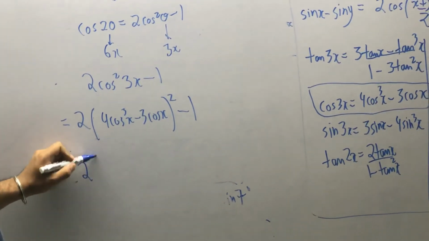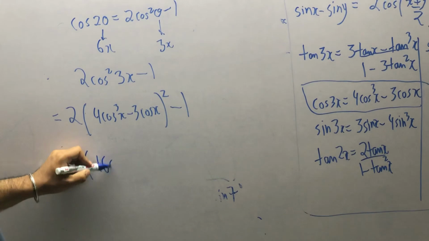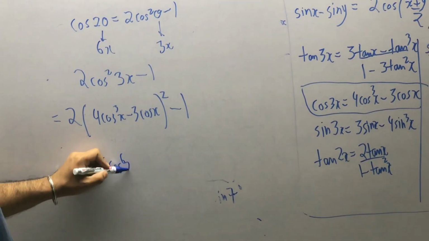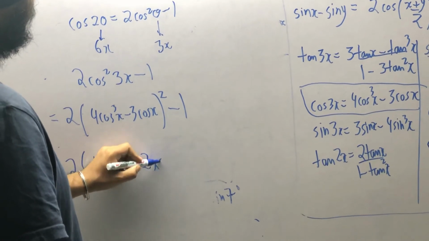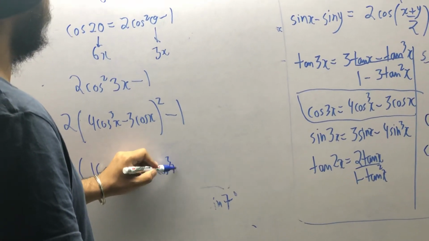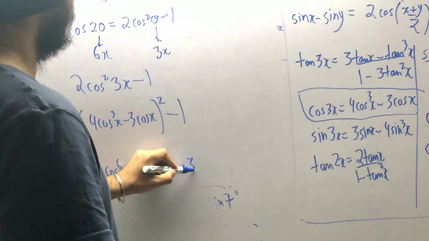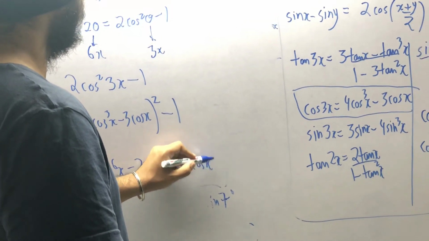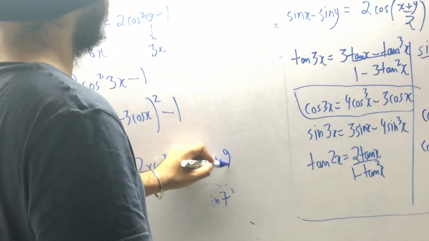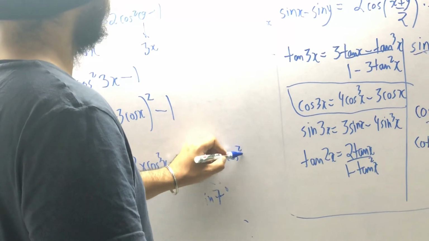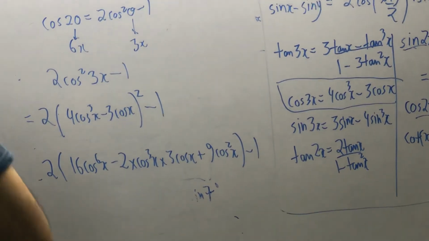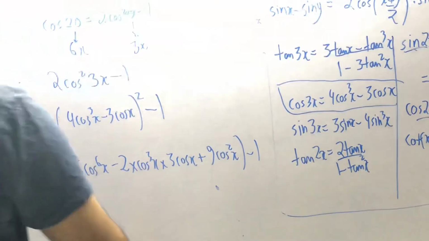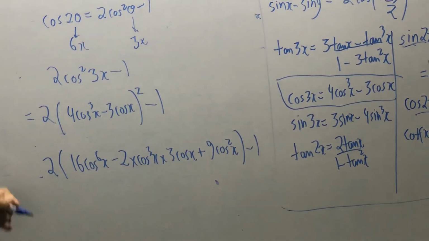So this will be 2 into 16 cos raised to the power 6x minus 2 into, okay, so just open the whole square.